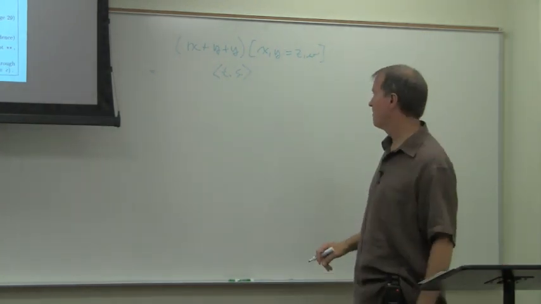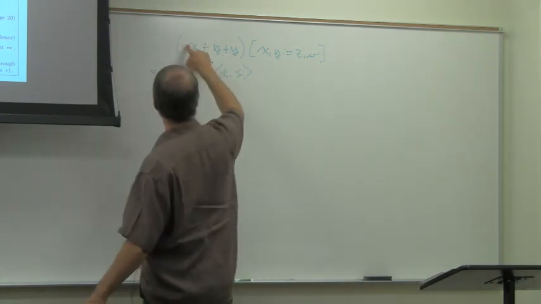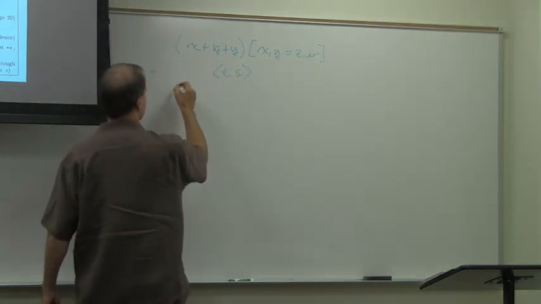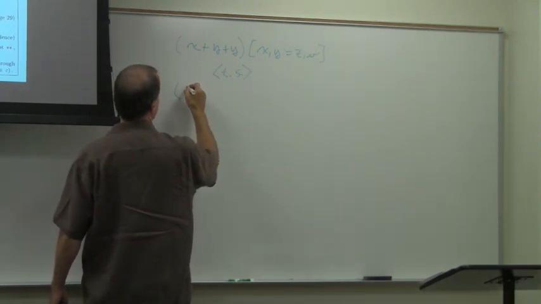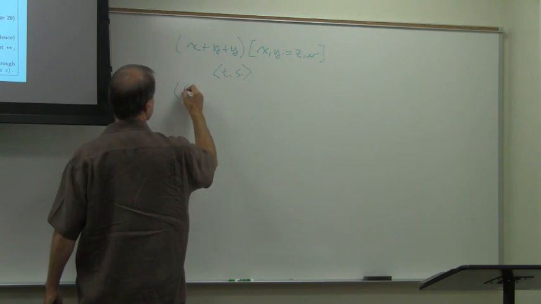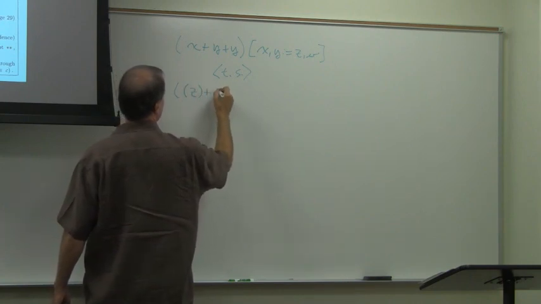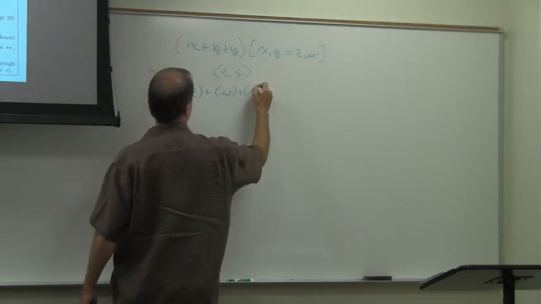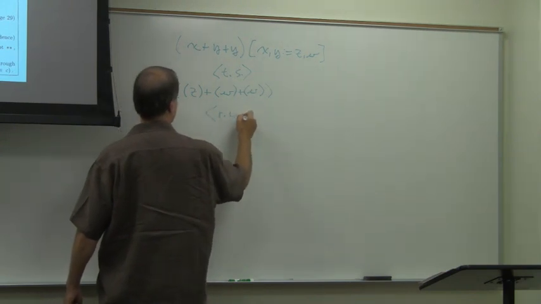Okay, so the first one's just an x, right? Yeah, sorry, this is x. Okay. So it'd be parentheses, and open parentheses z, close parentheses, plus open parentheses w, close parentheses, close parentheses. Yes, good. And then equals by rough.